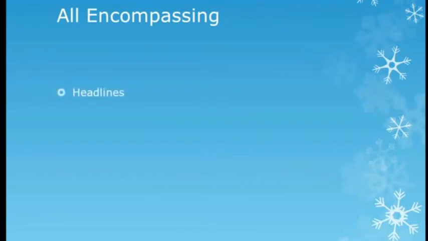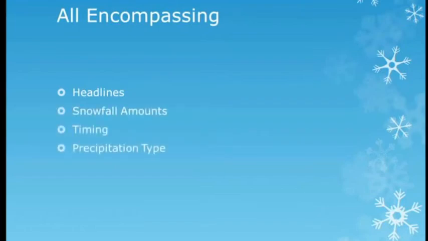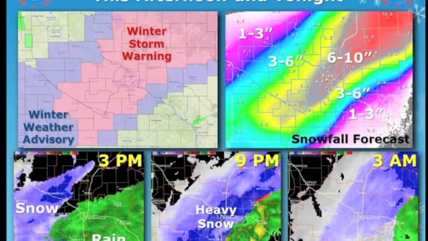So, an all-encompassing graphic, sticking to the graphics. We talk about wanting to show headlines, amounts and timing, precipitation type. Well, we had one last April, and you can be the judge if it's too busy with all that. On the upper left, we have the headlines, with the winter storm warning and winter weather advisory clearly labeled.